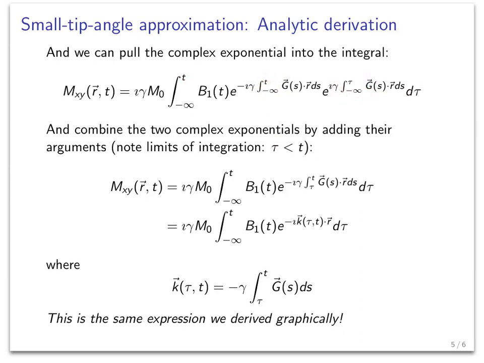Right? So that means that we have these opposite signs on these two complex exponentials, and because tau is less than t, this whole segment from minus infinity up to tau cancels out with the same segment on this side, right?